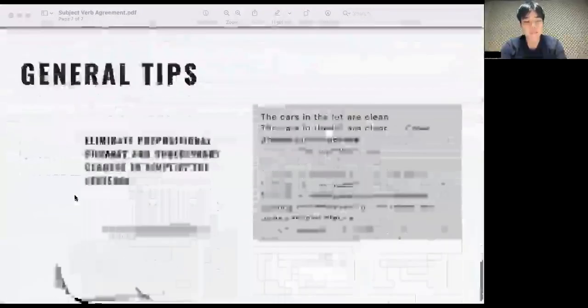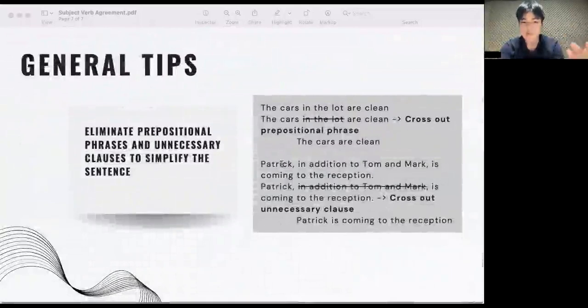Now, finally, I have some general tips for solving these subject-verb agreement questions. The concepts of this grammar rule are fairly simple. So realistically, if you're able to properly locate the corresponding pair of subject and verb, adhering to the agreement rule shouldn't be that difficult. But sometimes sentences can be complex and unnecessarily wordy, which may make it difficult to understand which verbs refer to which subjects and vice versa.